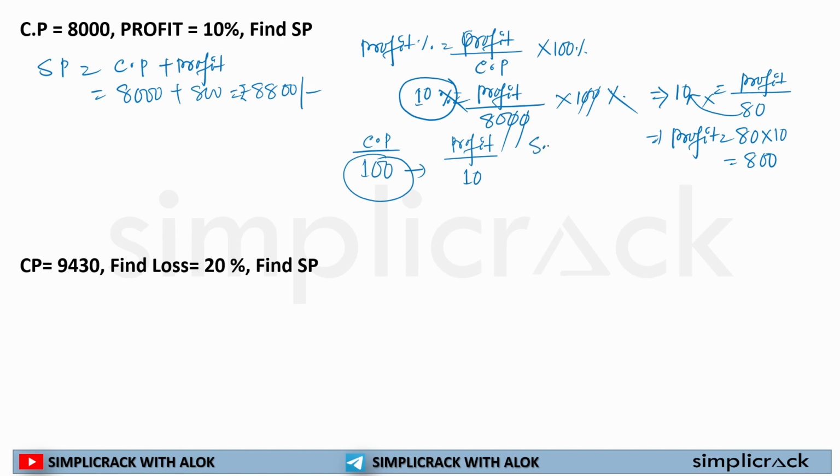So what is my sales price? 100 plus 10, that is 110. If I'm saying my cost price is 200 and my profit amount is 20, what will be my sales price? 220. If I say my cost price is 100, my profit percentage is 15, what is my selling price? It will be 100 plus 15, that is 115.